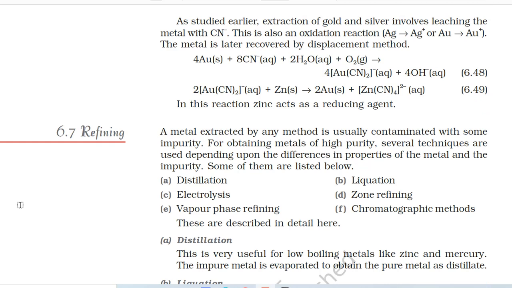As studied earlier, extraction of gold and silver involves leaching the metal with cyanide ion. This is also an oxidation reaction (Ag to Ag+ or Au to Au+).